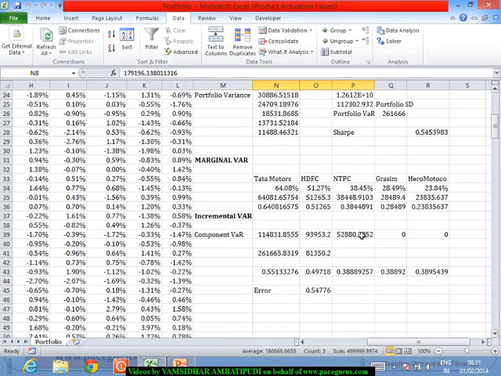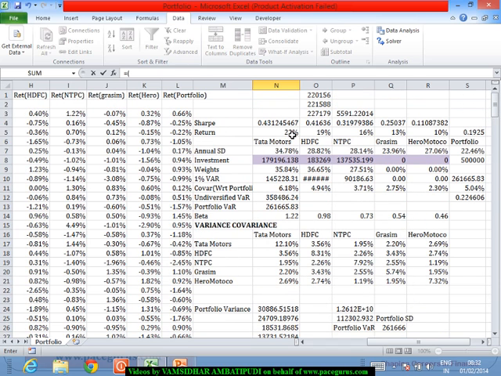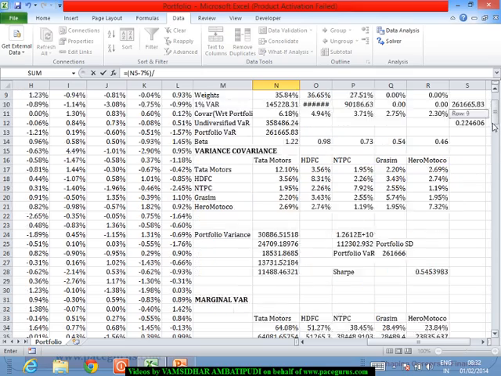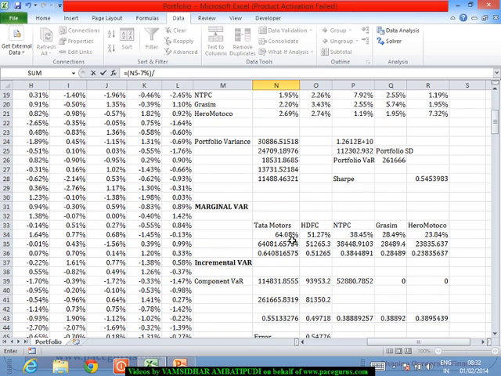All I would be interested in looking out in this case is the position's return. What is my position's return here? This is the position's return minus the risk-free rate of return divided by the marginal VAR associated with it. This is the marginal VAR associated with that.